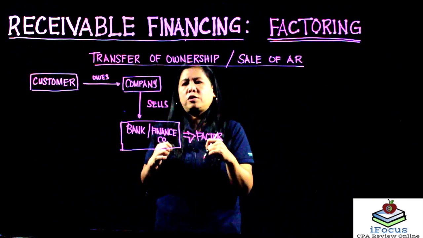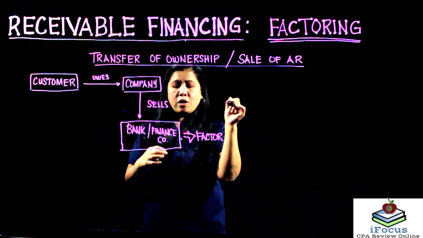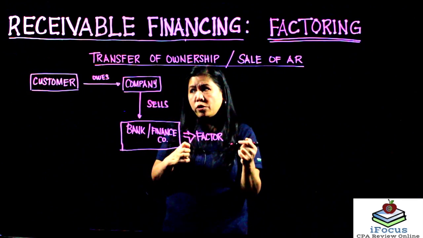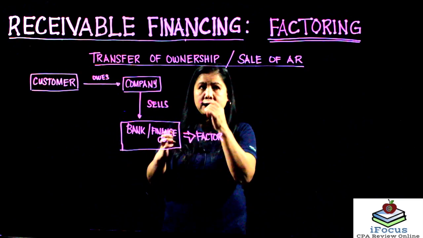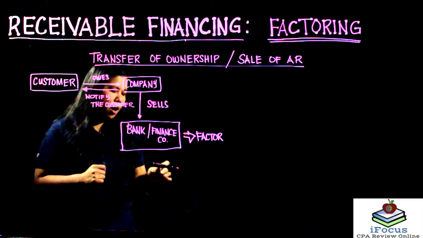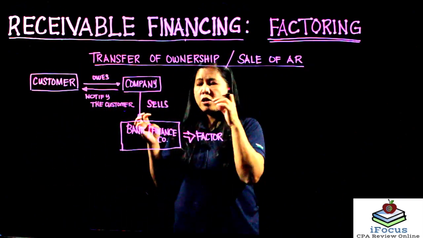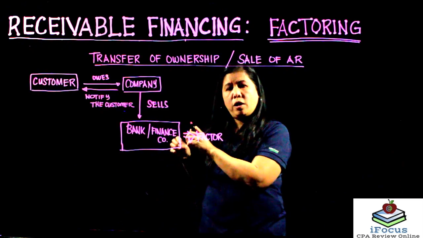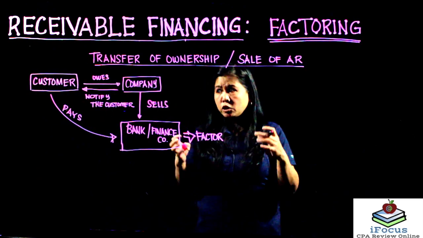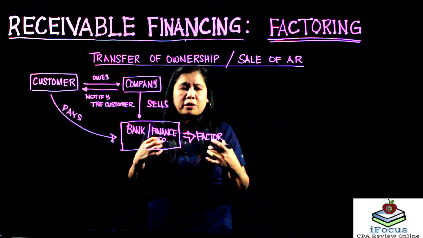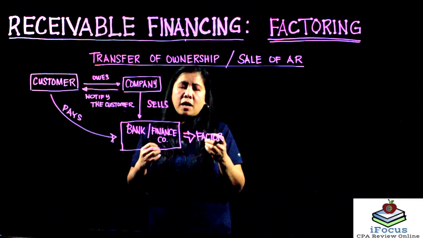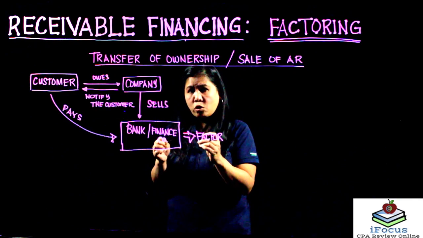So after the company sells the accounts receivable to the bank or to the factor, the company will then notify the customer of this selling of the accounts receivable. So after the company notifies the customer, the customer will then directly pay the bank or the factor.